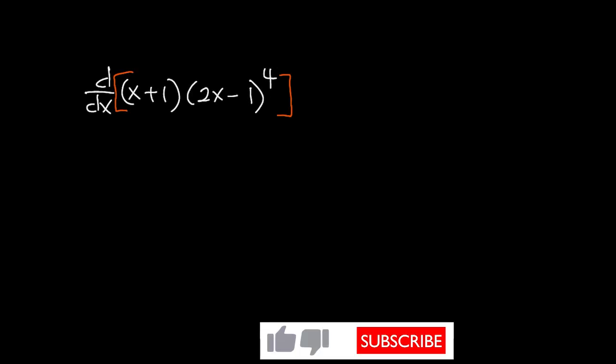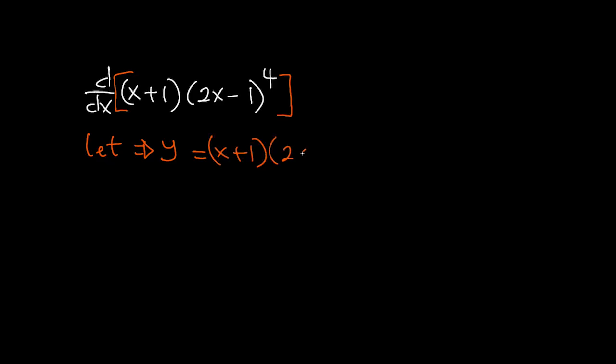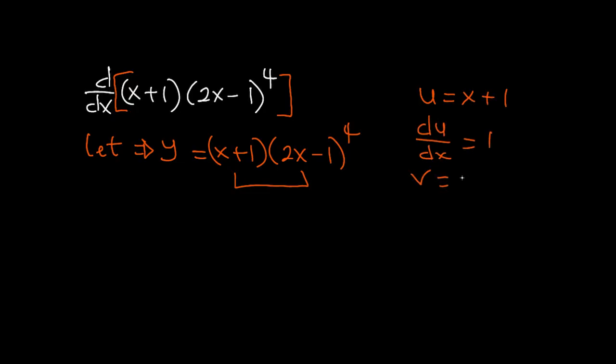Then differentiate with respect to x, x plus 1 times 2x minus 1 to the power 4. So this is what we have. Let y be equal to x plus 1 times this one. This involves a combination of the product rule with functions of functions, whereby my u is x plus 1, and then the du/dx in this case is 1, and my v is the second one.